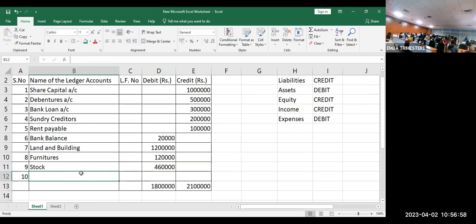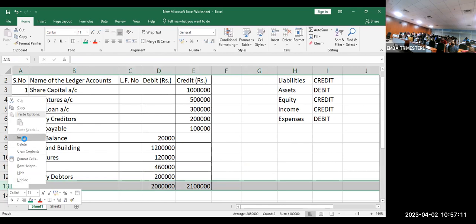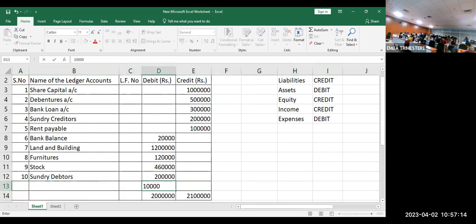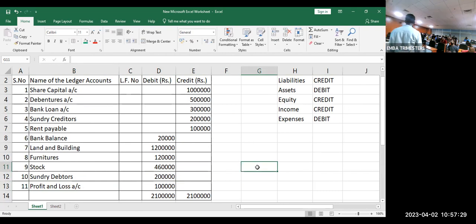Sundry debtors 2 lakhs. Profit and loss account 1 lakh. Within brackets, mention loss.